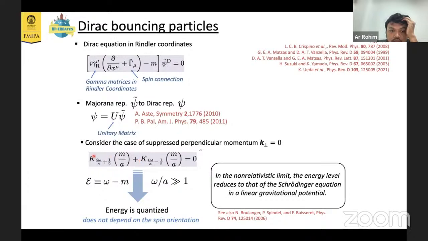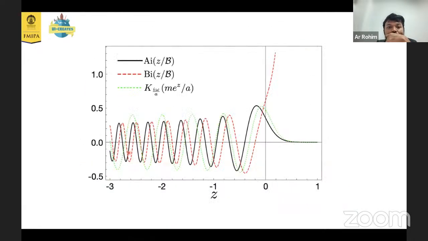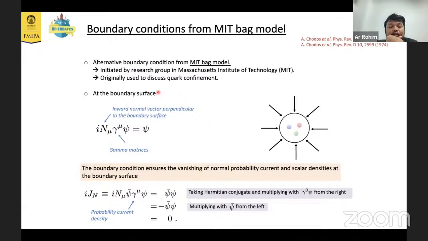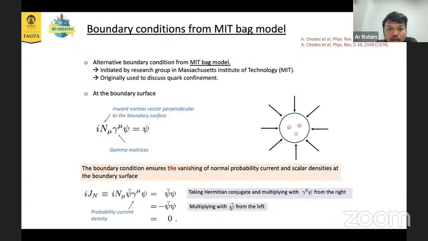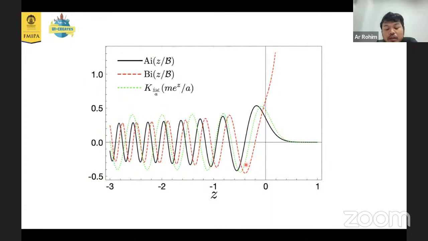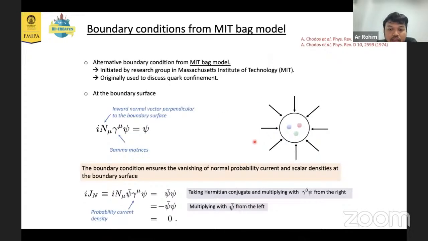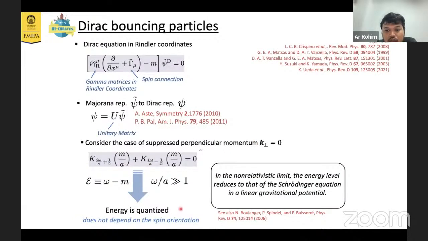You can do the same thing with this expression, which has the sum of two modified Bessel functions, this one and this one. You will find a similar result, but with different values, so the energy will be quantized. Interestingly, in the non-relativistic limit, the energy level reduces to that of the Schrodinger equation in a linear gravitational potential.